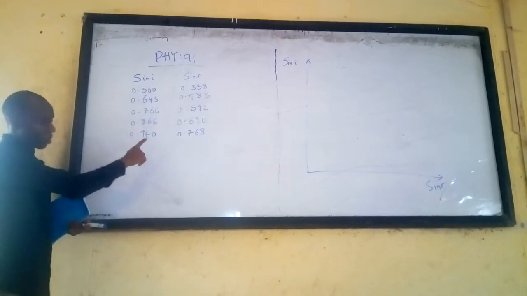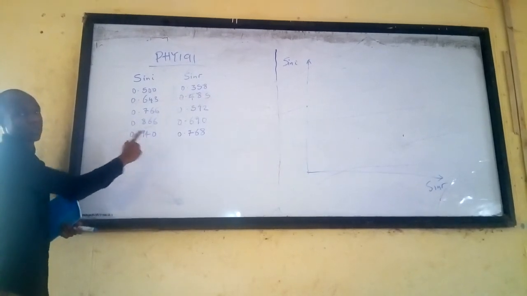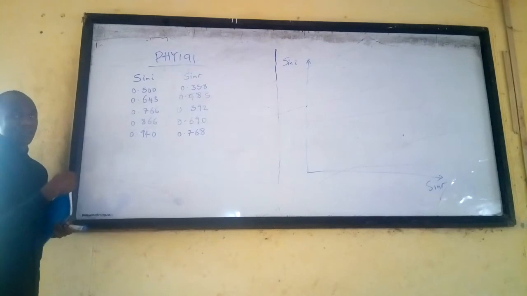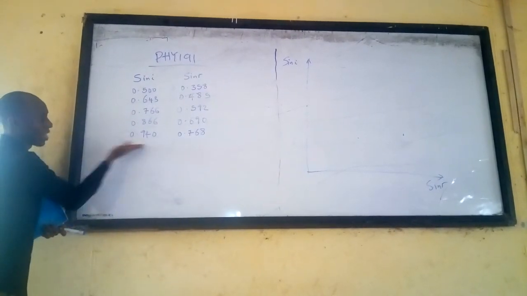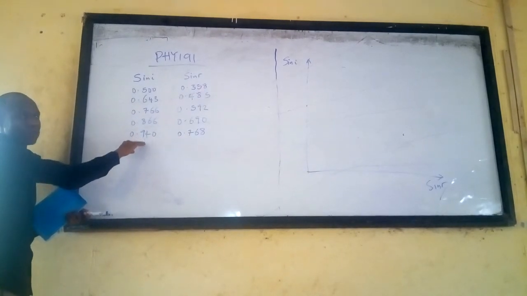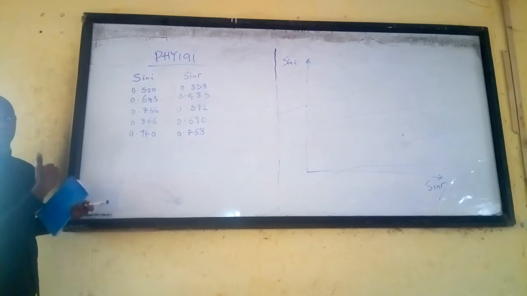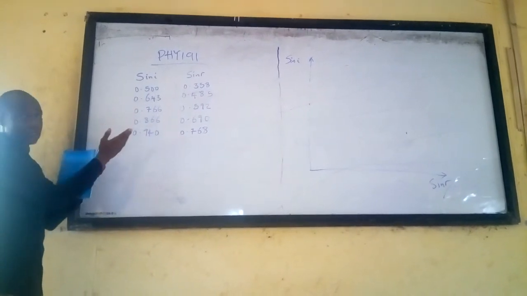You understand? Of course, this is 0.9. So the next value bigger than 0.9 is what? 1. So that 1, why we are using 1 is so that it can accommodate this. If you use 0.9, it won't accommodate 0.94. If you use 1, it will cover this. You understand? Yes. So that is it.